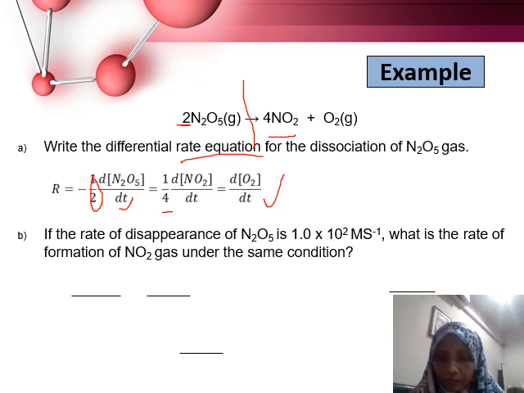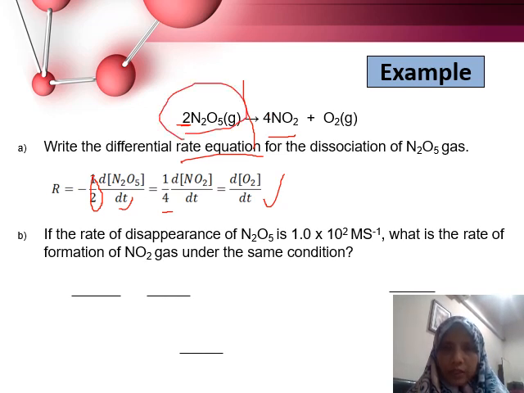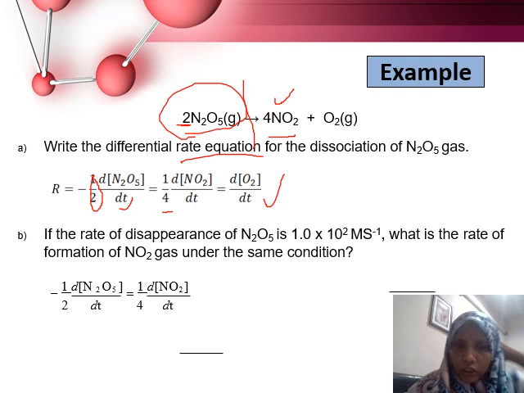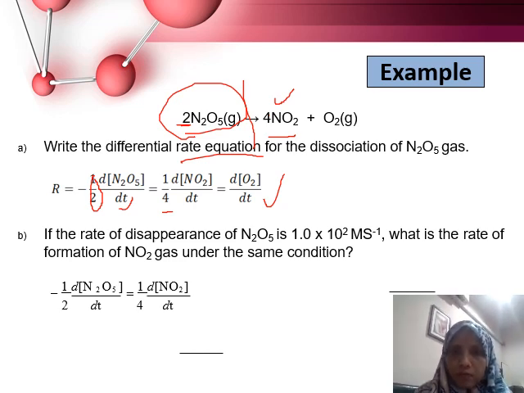So you are given the rate value for this one, and then you have to find the rate value for this one. You can use the stoichiometry to compare between N2O5 and NO2 only. You put the reactant first, and at the end the product.